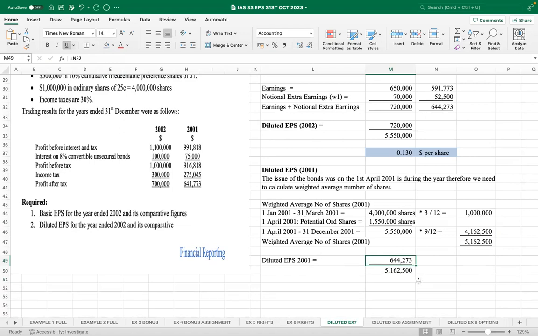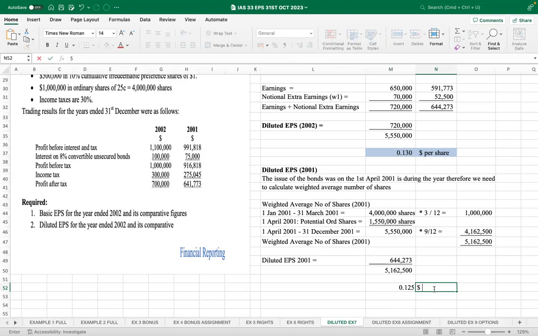Remember, the weighted average is calculated in the year of issue, which was 2001. In 2002, we don't calculate the weighted average number of shares because the shares were issued in the previous year.